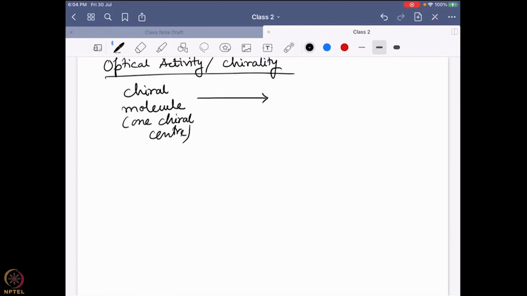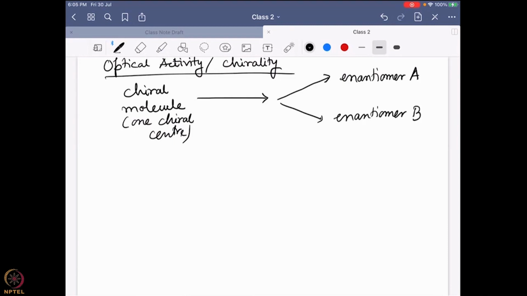Sir, 2. Okay, so who is this? Please tell your name. Rishabh. Oh, yeah, Rishabh, right? Yes, sir. Yeah, so Rishabh very rightly said. There will be two different enantiomers. So I just say enantiomer A and enantiomer B, and that is perfectly right.